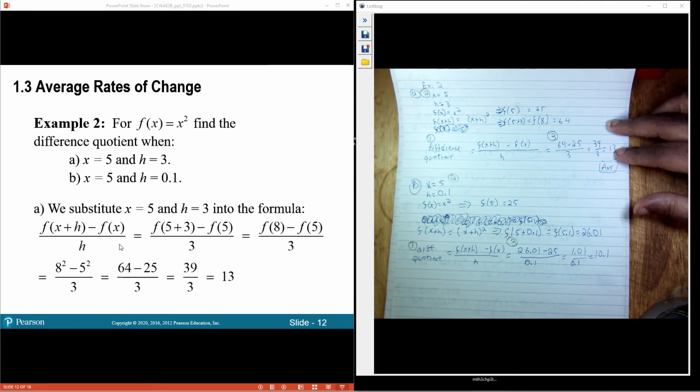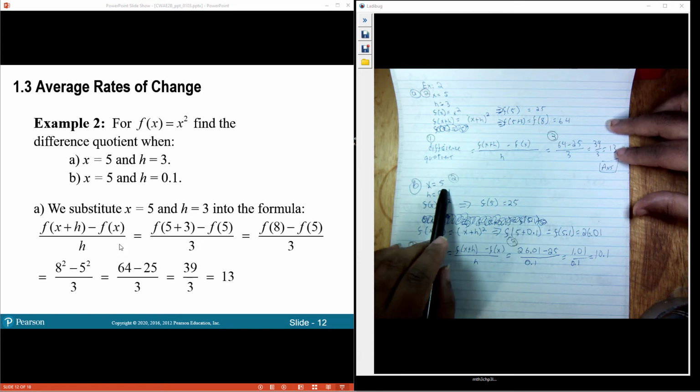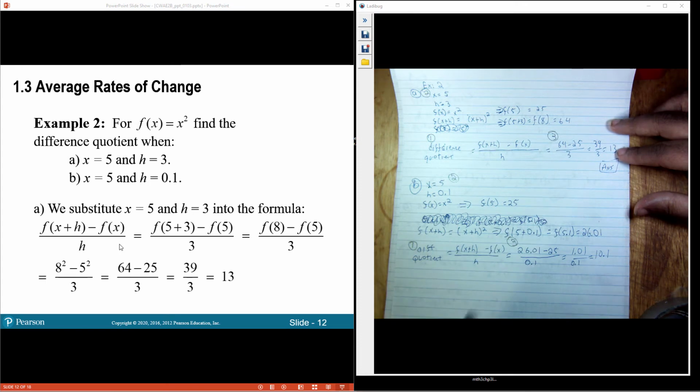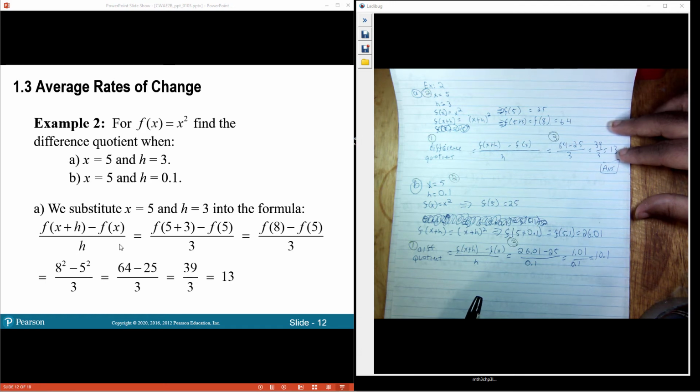The next one here, we have x is 5 and h is 0.1. The first thing I did was write out my formula.